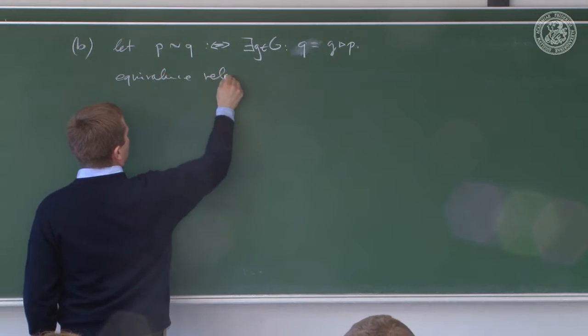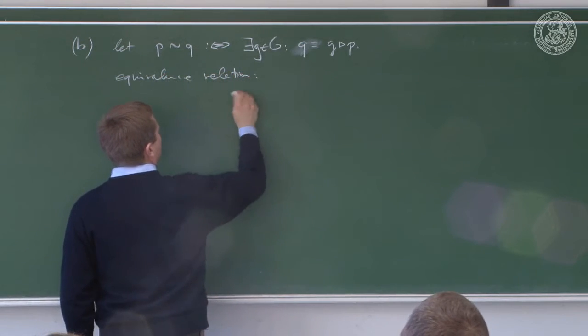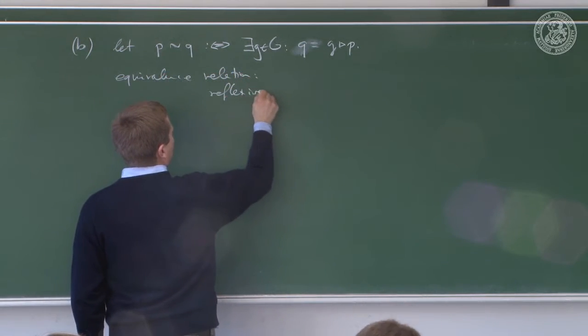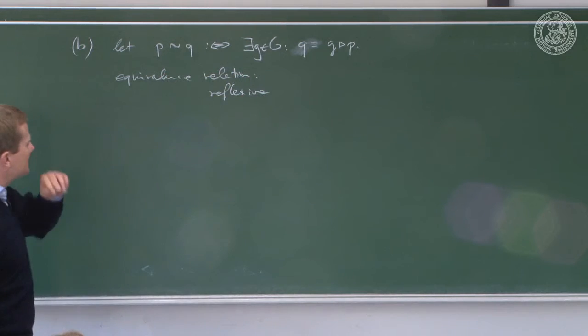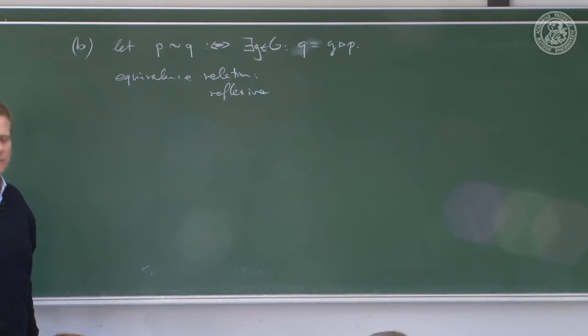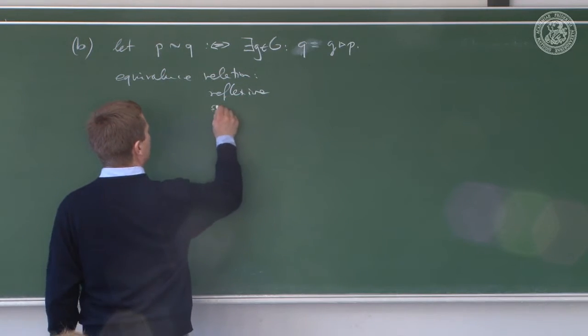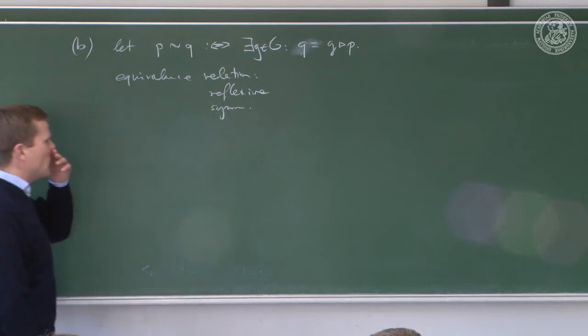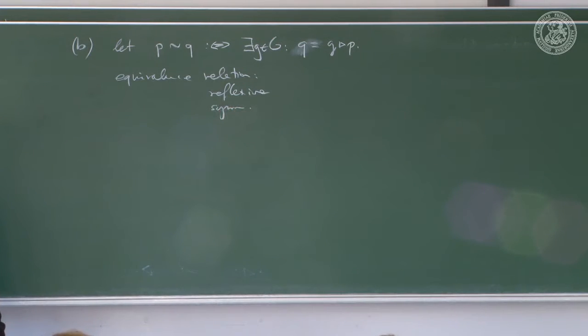So one can quickly check this is an equivalence relation. It's reflexive. Why is it reflexive? Well, because the identity is always in the group. It's symmetric. Why is it symmetric? Well, because there's always the inverse in the group.